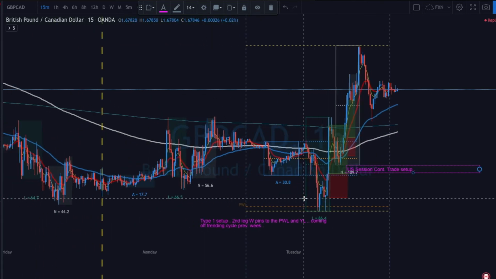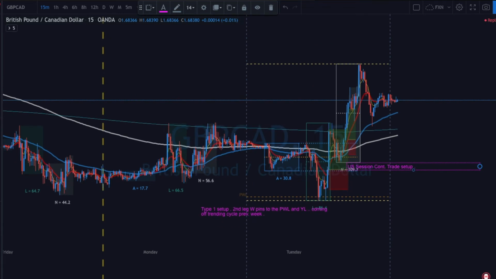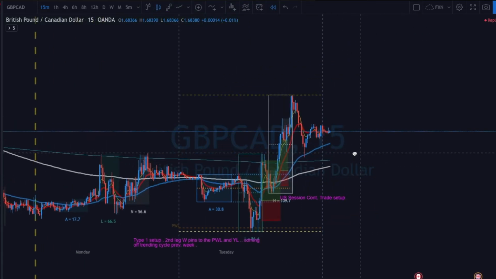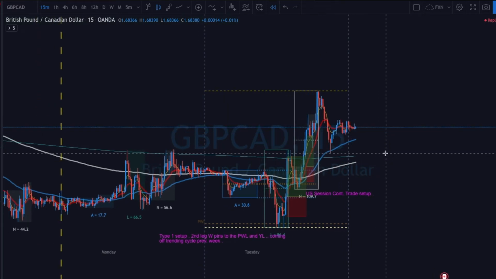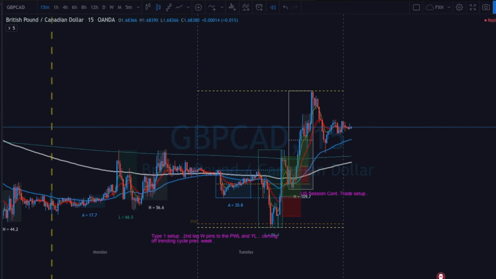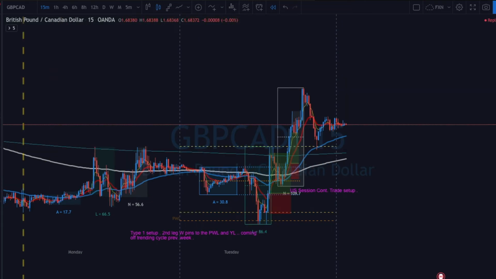So now it gives you an idea. Okay, we cleared yesterday's high, and we're now above the EMAs. So what are we looking for now? Does it start to click as far as what you're looking for on Wednesday?